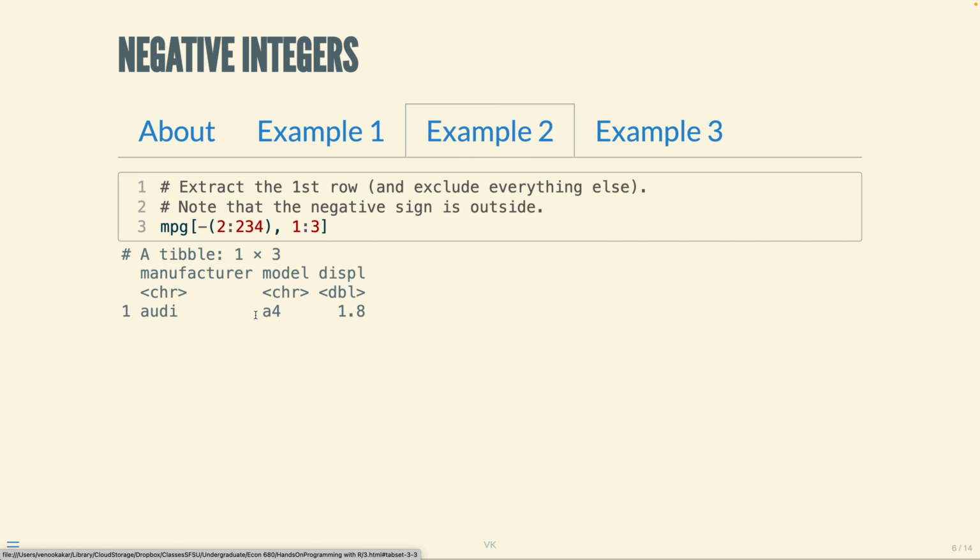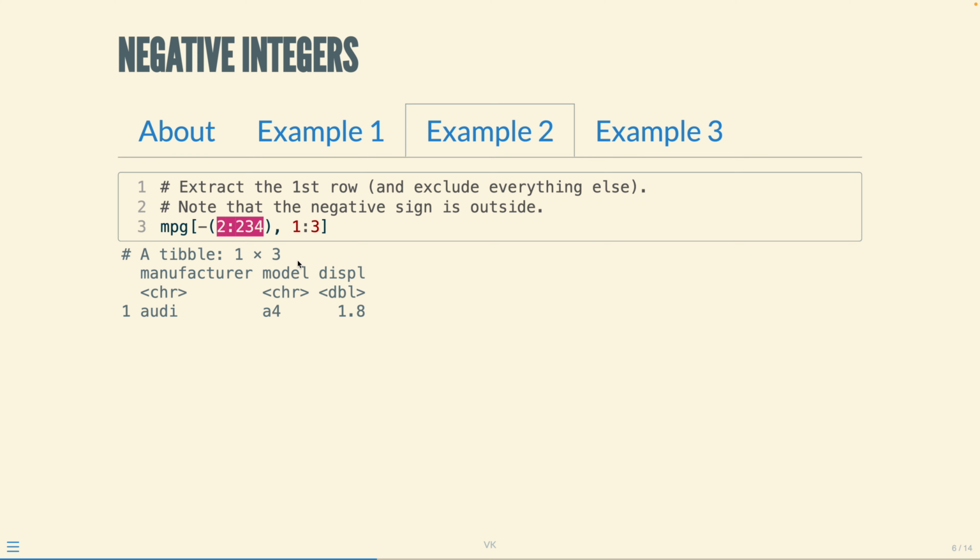There's another way to extract, although I don't think you'll be using it much, it depends on your use case. But here it's important to know what's going to happen and try to predict what this command will actually do. So let's say we were writing something like mpg, open up your square brackets, negative sign in front of a sequence from 2 to 234.